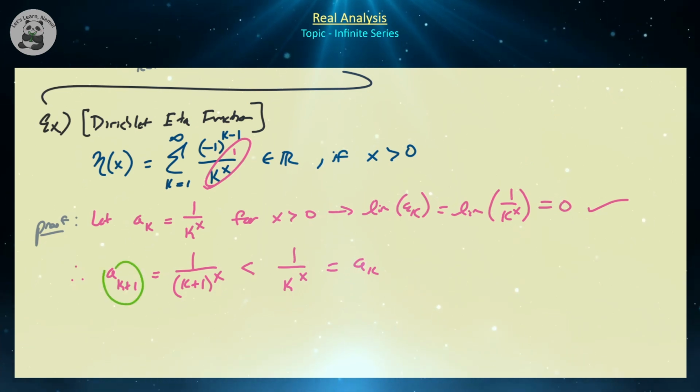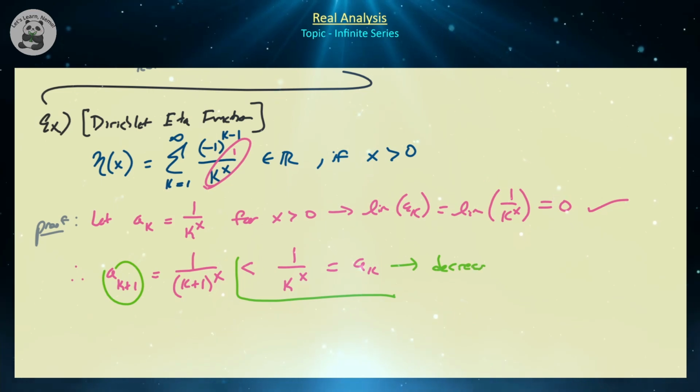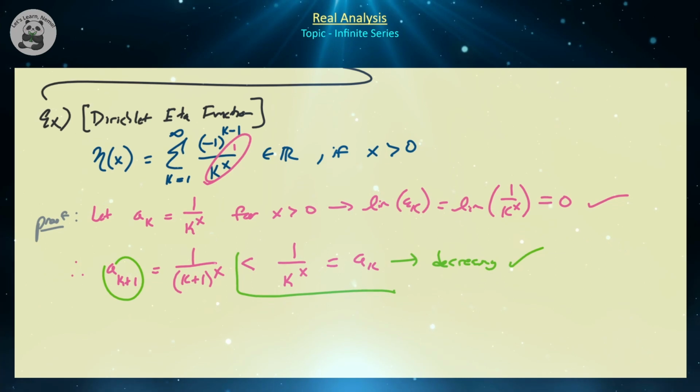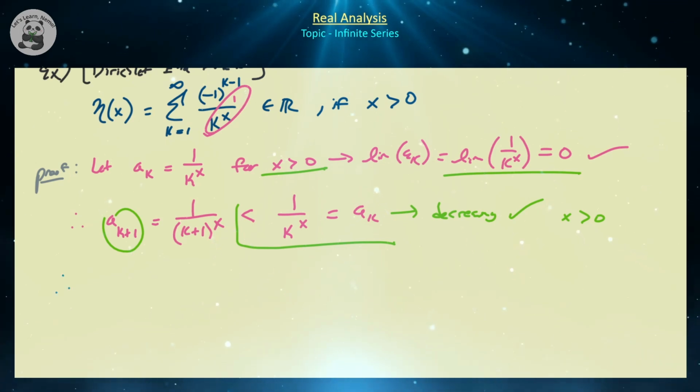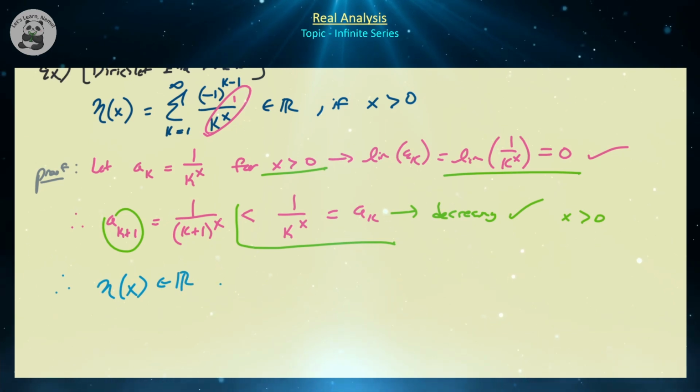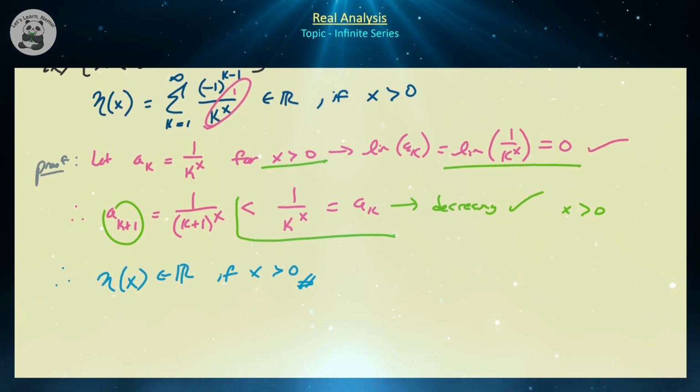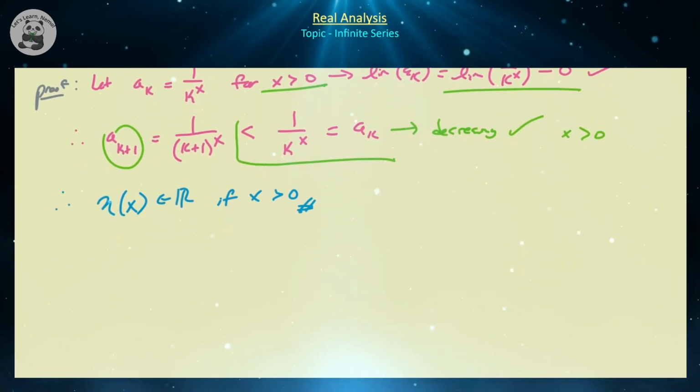So we have that a_(k+1) is less than a_k, which means we have a monotonically decreasing sequence, and that's the second requirement for the alternating series test to work, right? So we have that for x greater than 0, the limit is equal to 0, and this is also true for x greater than 0 for monotonicity. So by the alternating series test, the Dirichlet eta function converges provided x is bigger than 0.